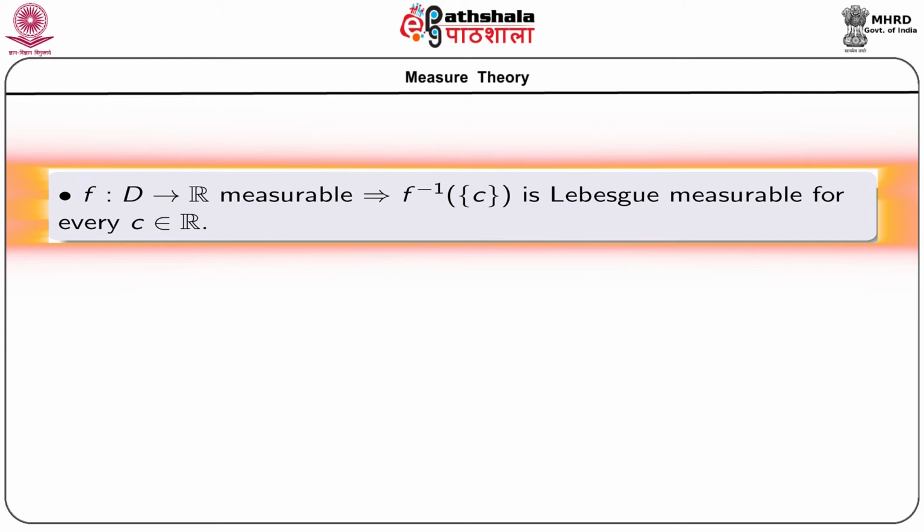Consequently, we have the conclusion that f inverse of the singleton set {c}, that is the collection of all x belonging to D where f(x) is equal to c, is also Lebesgue measurable for every c belonging to R.